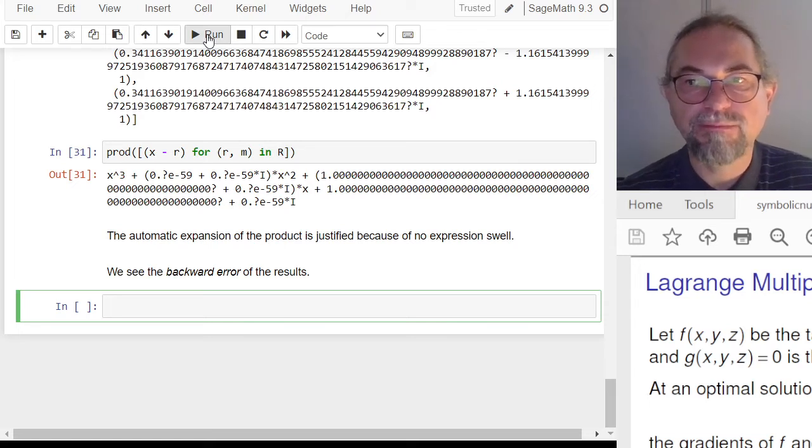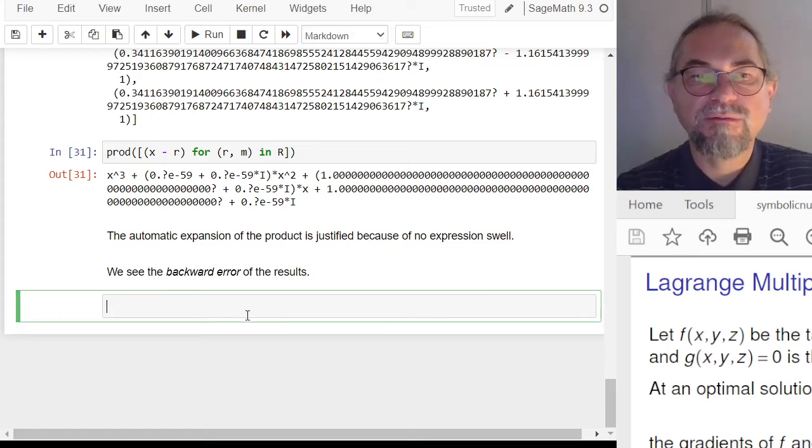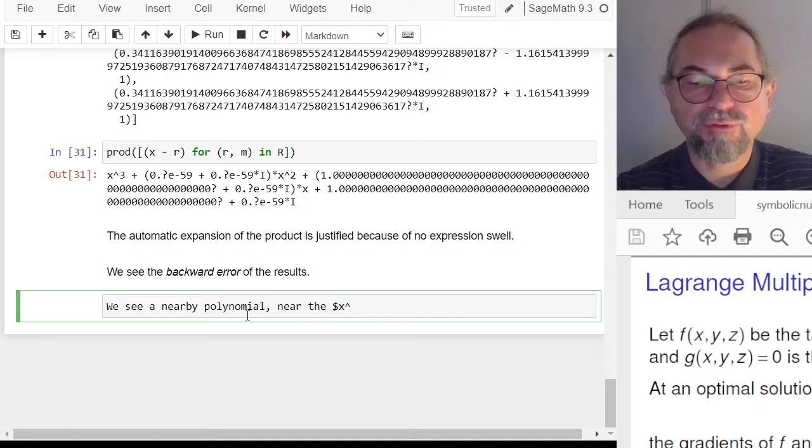So this is a nearby polynomial nearby the x to the power 3 plus x plus 1. So what is this backward error here? We see a nearby polynomial near the x to the power 3 plus x plus 1.